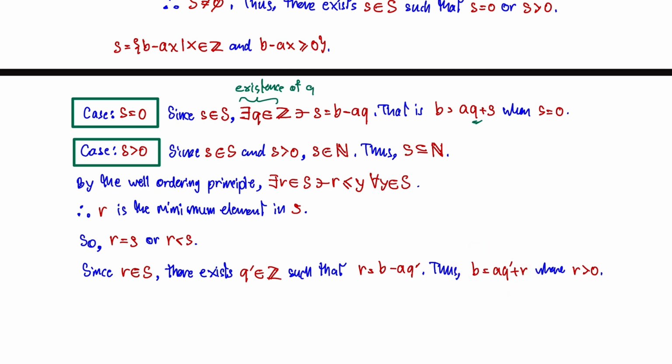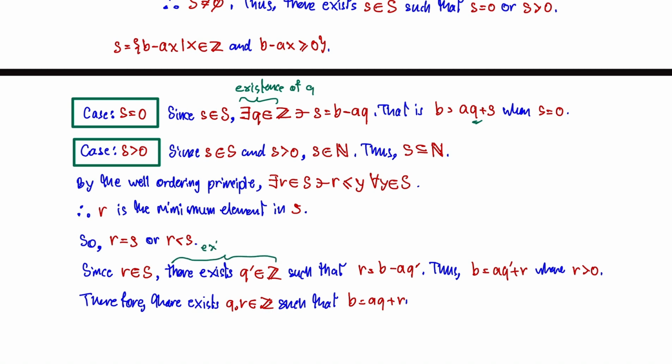So we have shown the existence of Q and R already. So there exist integers Q and R such that B equals AQ plus R.